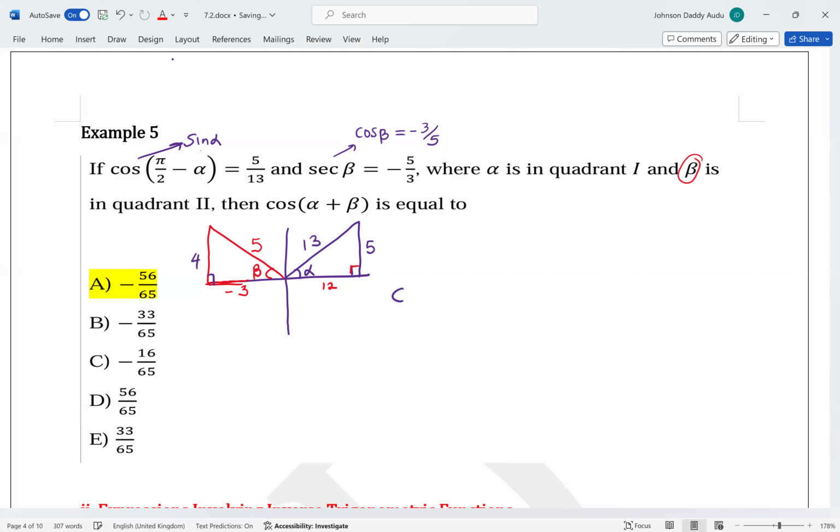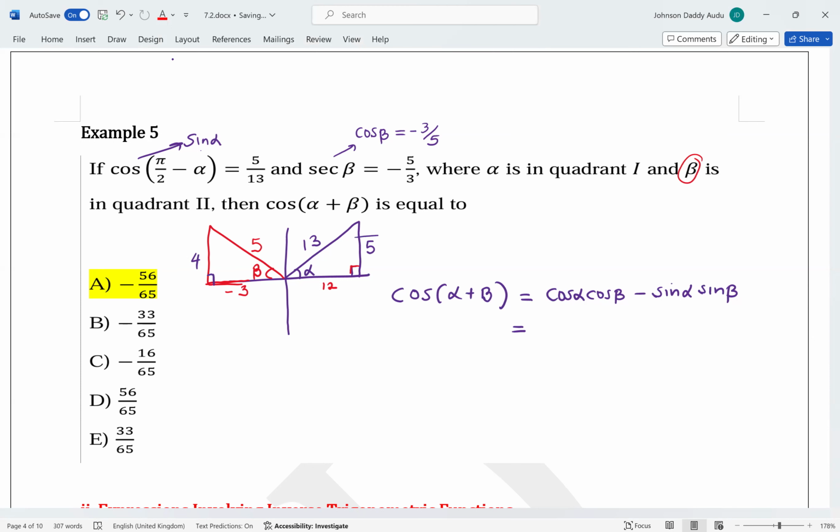All right. Now, but what are we looking for? We are looking for cosine of alpha plus beta, right? And by formula, this will be cosine alpha, cosine beta, minus sine alpha, sine of beta. So what is cosine alpha? We need to get cosine alpha. Everything we can get from here.